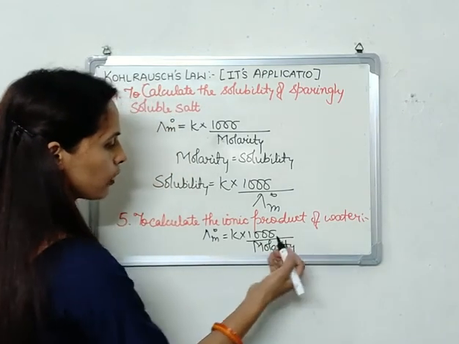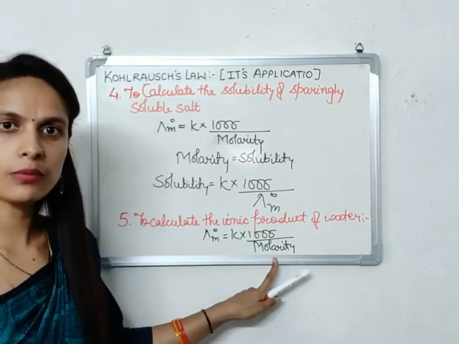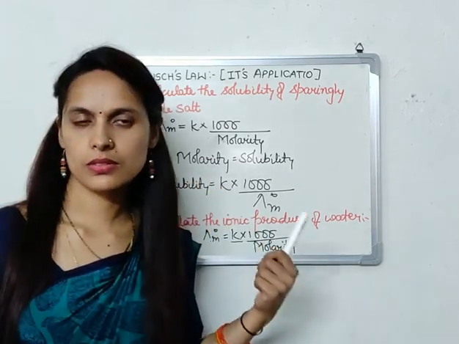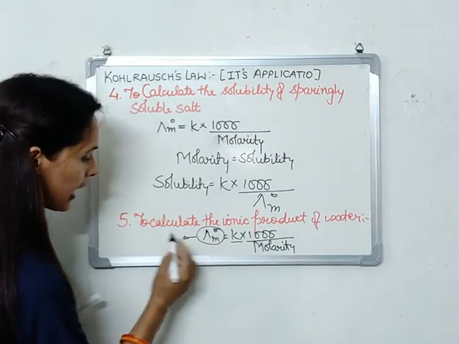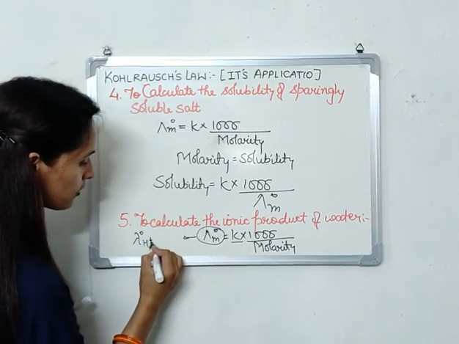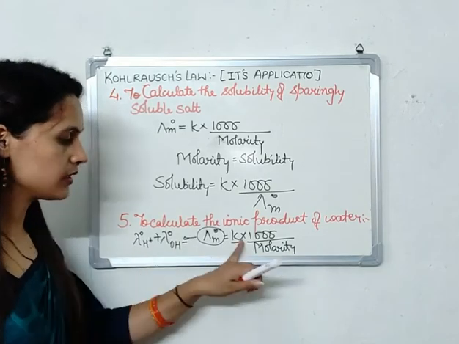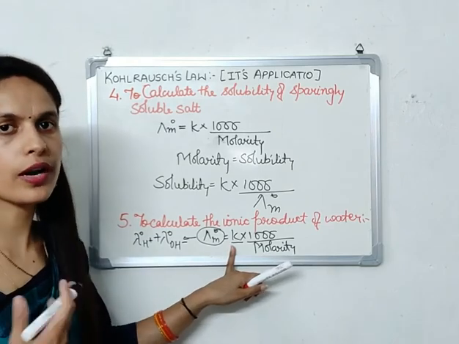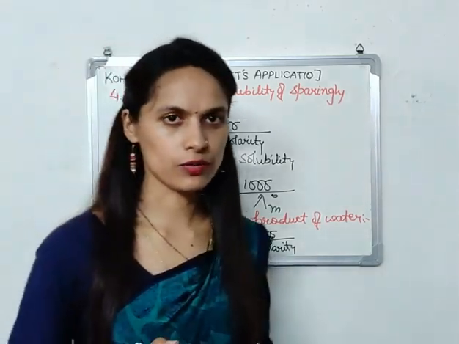The ionic product of water means the concentration of H positive and OH negative ions. K through the Wheatstone bridge principle, and lambda m naught through the ionic conductivity of H positive plus the ionic conductivity of OH negative. So we can get these values from Kohlrausch's law and the Wheatstone principle, and then we will calculate the ionic product of water.